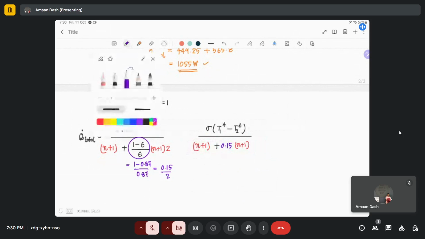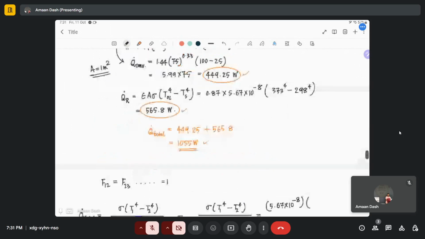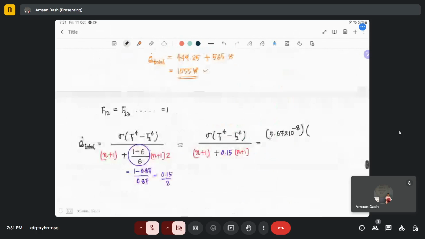So you can see this is an easy way to remember, but how to derive it, you can see the lecture slides or the recorded video lectures to understand how we got to this particular expression. But this is a simple way to remember it. So this will be equal to the net heat transfer that we have, that is Q dot total. And this area term we will not be having here.